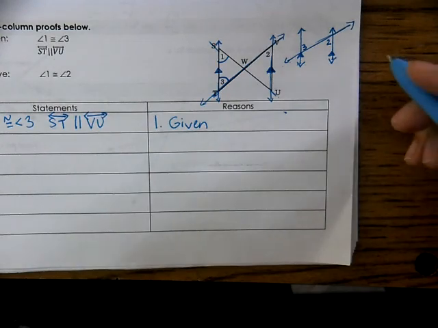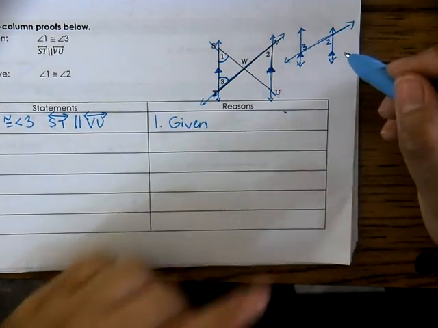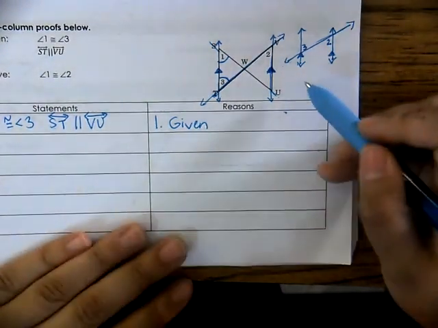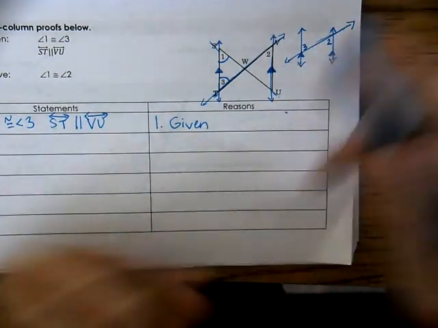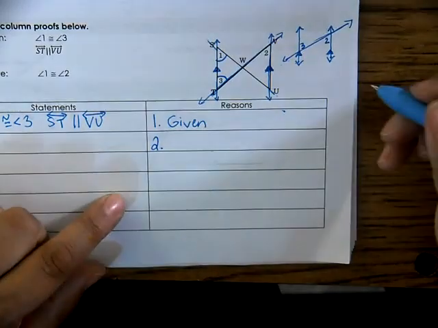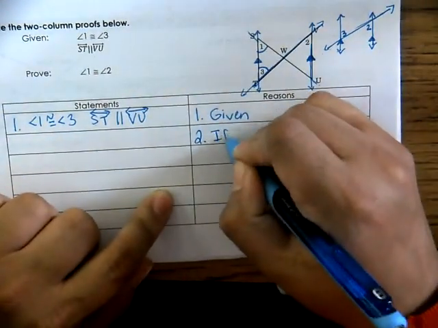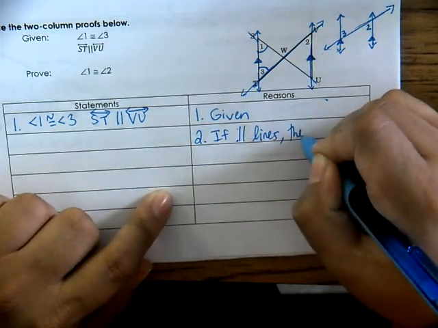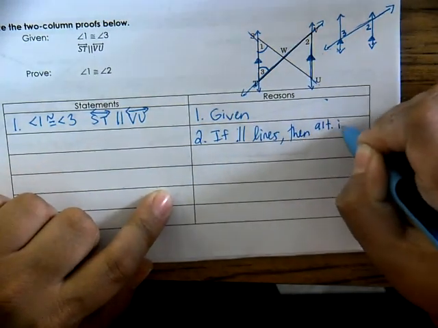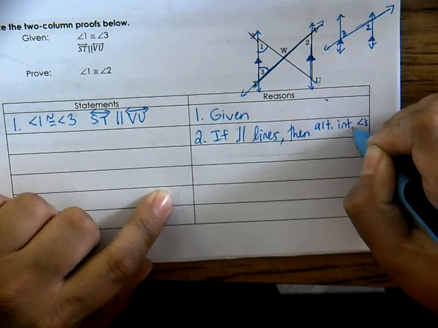Yeah, what do you think? Perfect. Alternate interior, because they're on opposite sides of the transversal and inside the parallel lines, interior. So we know that that's going to be our reason. We're going to say if parallel lines, then alternate interior angles congruent.